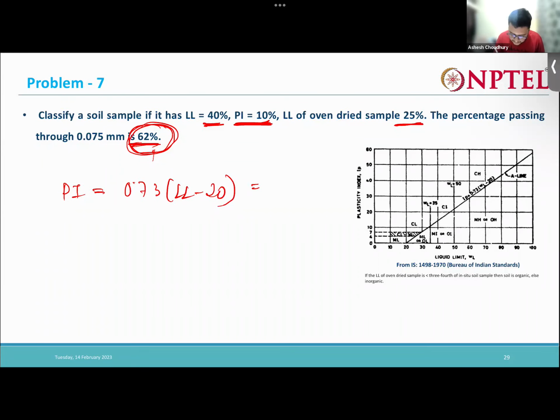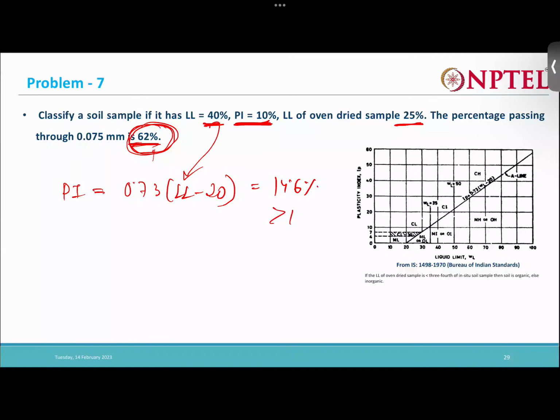How much? 14.6, yes, 14.6%. So our plasticity index is less than 14.6. So it will plot below the A line, right? It will plot in this part.